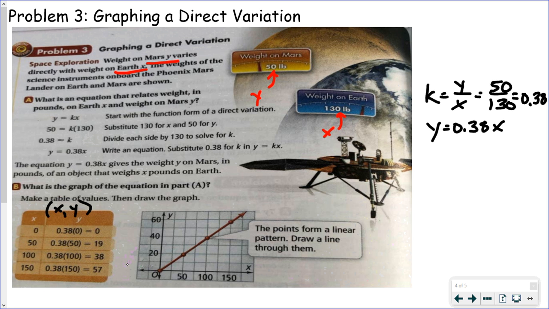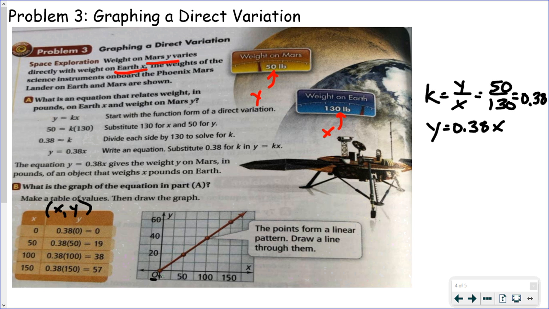Remember, I told you that direct variations are the simplest form of linear equations, meaning that they graph as straight lines. So the one important fact about direct variations is that they graph as straight lines. And the other important fact is that if you draw a line through the points, that line will always go through 0, 0.